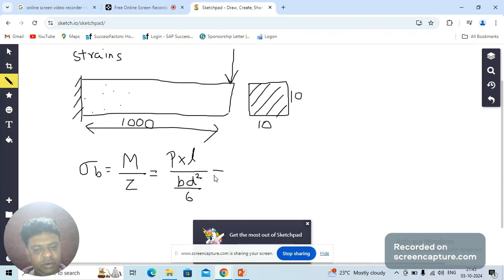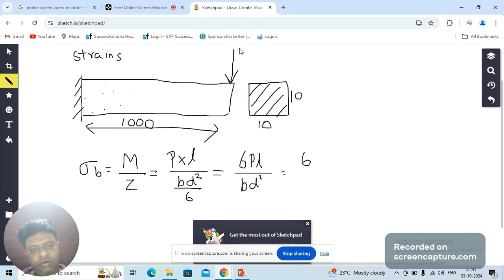So this is taken as 6 P L divided by b d square. Sigma b equal to M by Z is the governing equation.